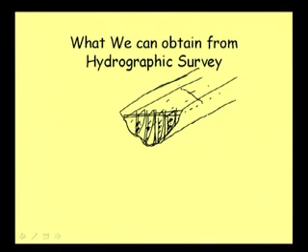We can move in this direction, and then suppose we are measuring the flow velocity at this point, then we know where we are measuring. With the global positioning system we can record our position in terms of latitude and longitude, and once we record our position, then we can measure the velocity.